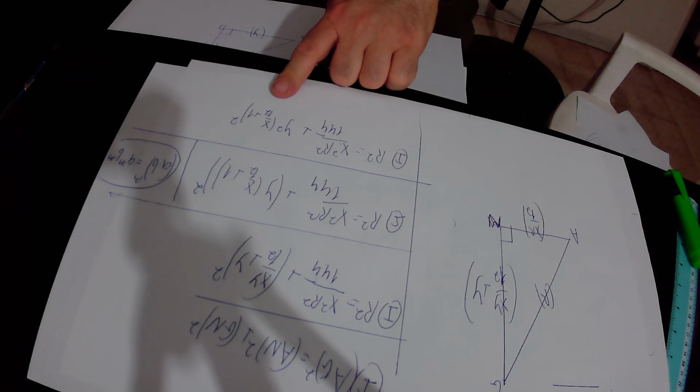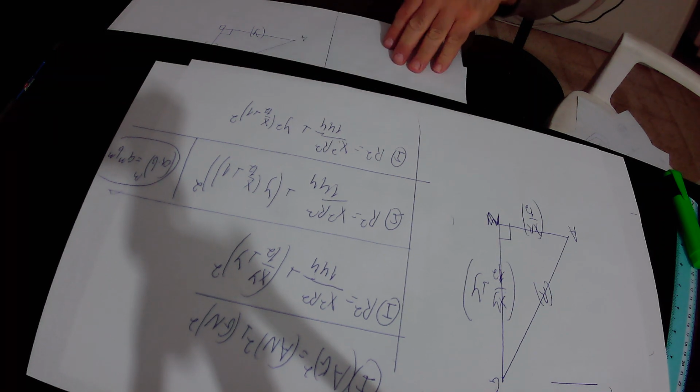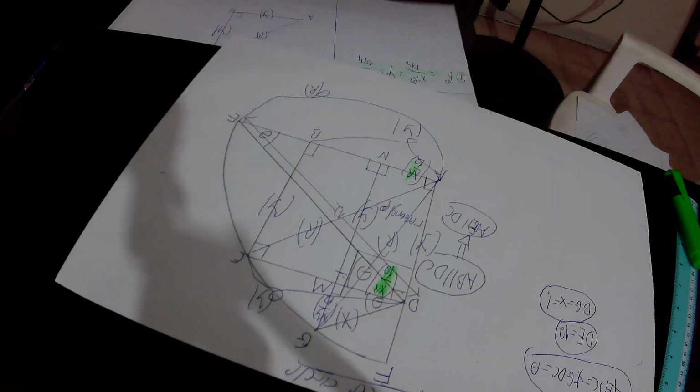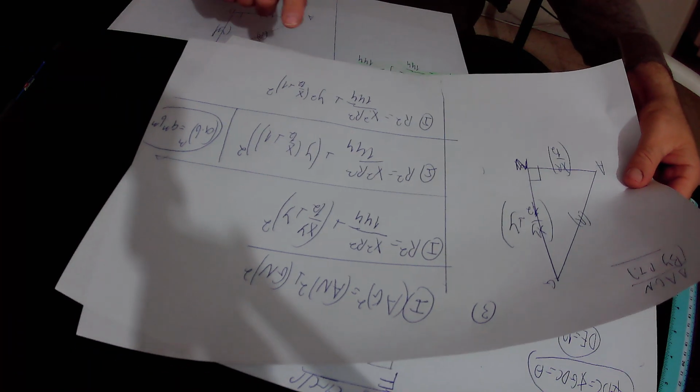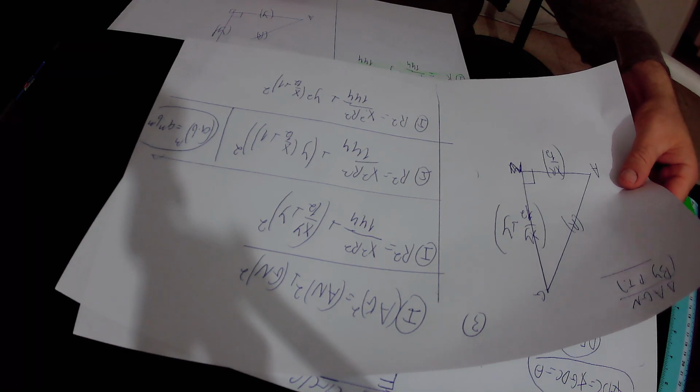So after we took 12 as a common factor, in total in the numerator we have x plus 12, in the denominator we have 12. So I found out that this expression will be equal to (x plus 12 over 12) squared.